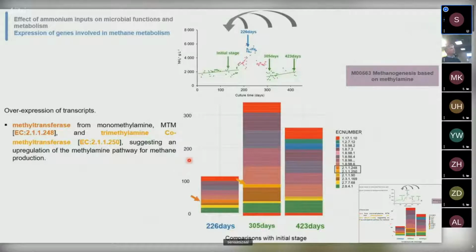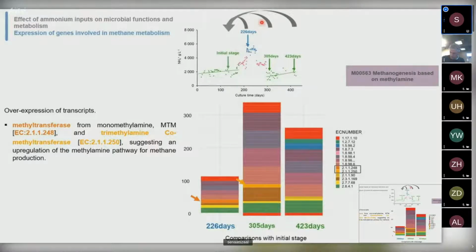And if we focus on the methanogenesis based on methylamine, we can see the presence of these two enzymes at the beginning of the experiment, at the high concentration of ammonium.